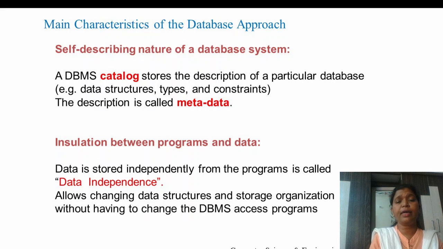So what we are describing here, see there, catalog. We term it a catalog which will have the description of data structure, types, constraints. I have already told, what is a constraint? Condition. A condition on some data. Like I want the register number to be all the time 10 characters only. It should not be 5, it should not be 7. All the time it should be 10.